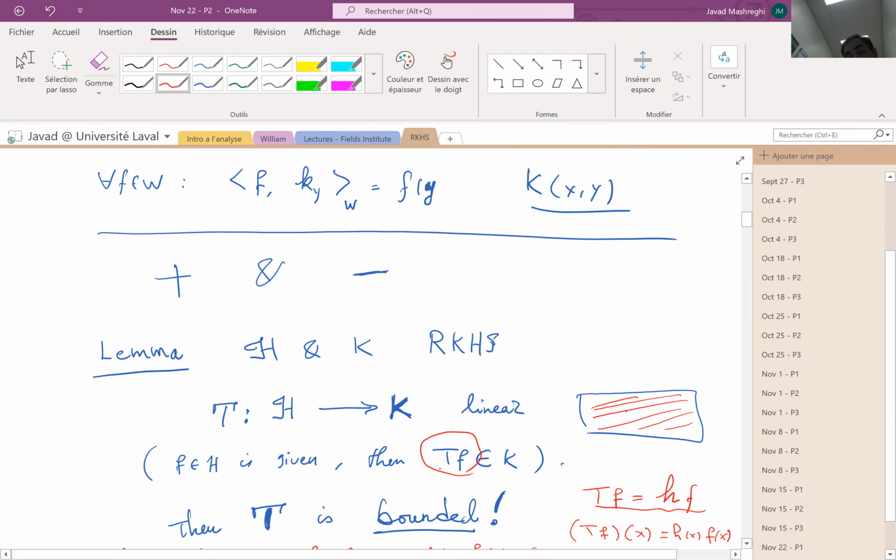I think the way to do that is to have the hypothesis that the map that takes f to Tf evaluated at x is continuous on H for every x in the domain space of K. So for any x in X, f goes to Tf evaluated at x. You need for that to be continuous on H. That's the missing hypothesis.